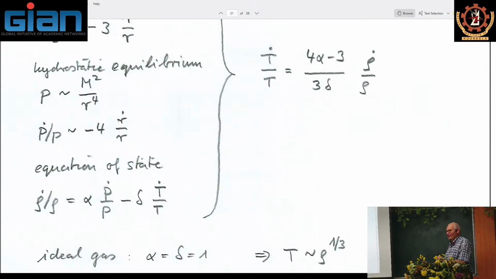Then we defined on this basis the degree of degeneracy. The degree of degeneracy would be the ratio of this energy to the thermal energy. If this ratio is big, then we are closer to degeneracy. If this ratio becomes small, we are further off the state of degeneracy.